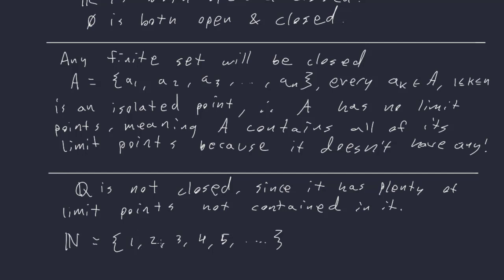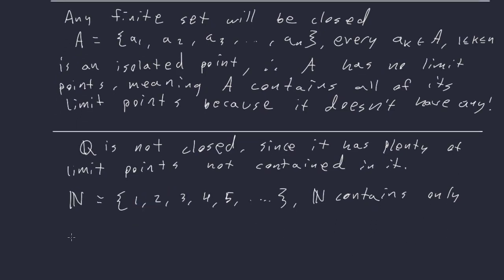You could take the sequence 2 over and over again, but that does not make 2 a limit point. So N is all isolated points. So N contains only isolated points. Okay, so N is closed.